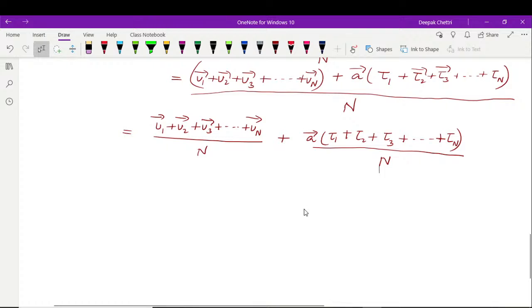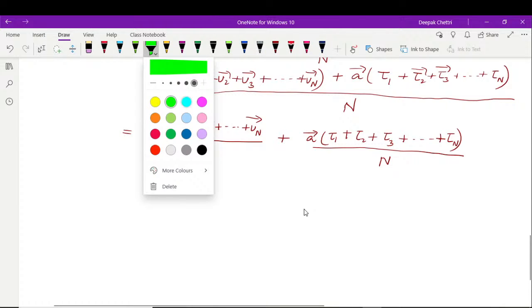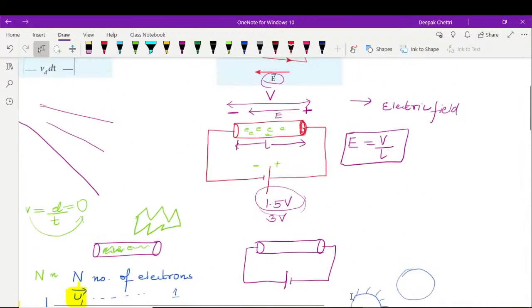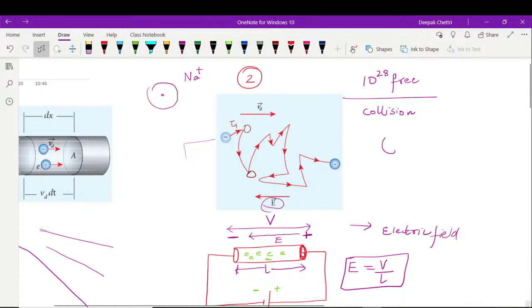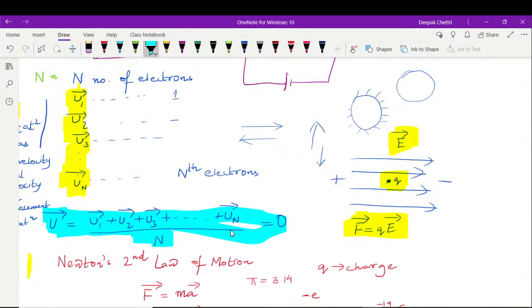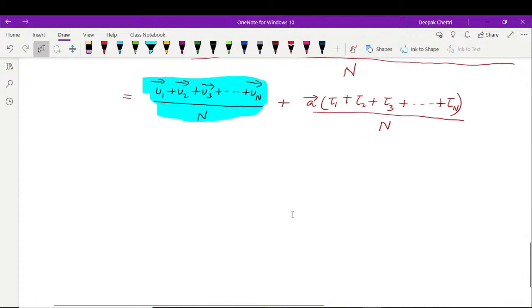Now look at this first part. If you remember, this is 0; from above we have shown that this is 0. Here we have shown that this is 0, understand? So we can put 0 here also.